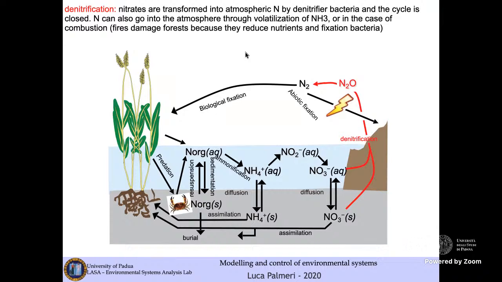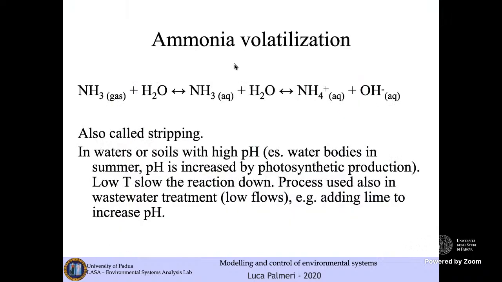You may recall the Whitman model at the interface, a model explaining the transfer from the hydrosphere to the atmosphere, volatilization.